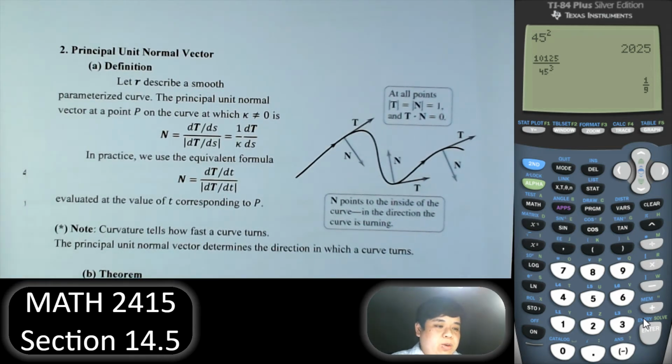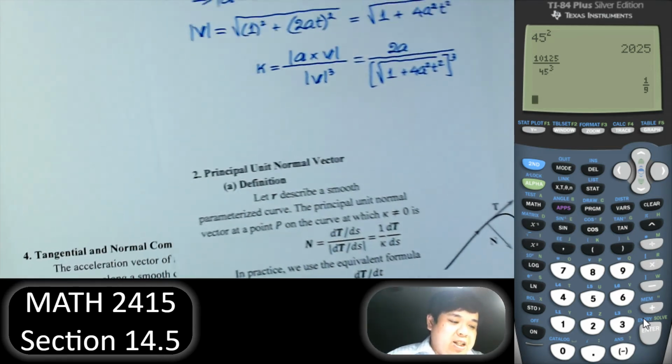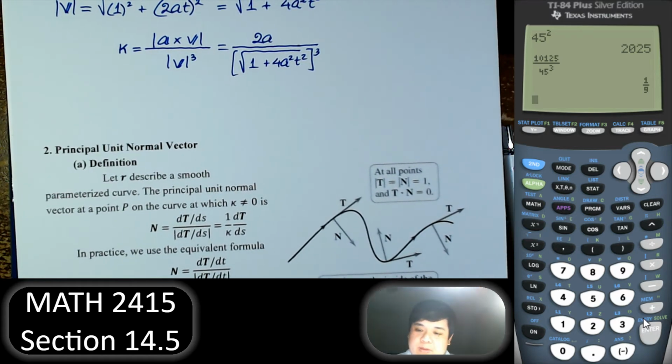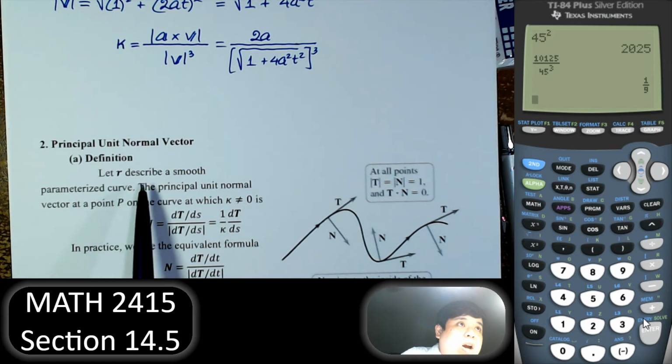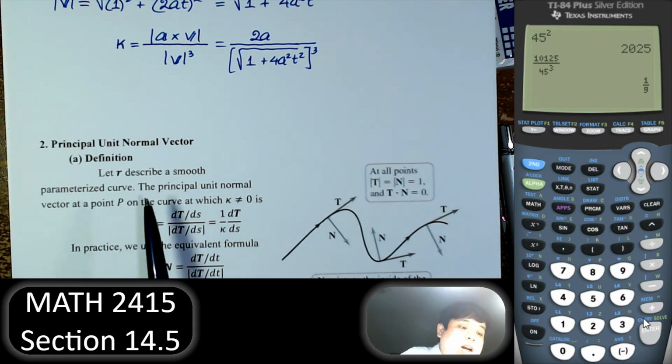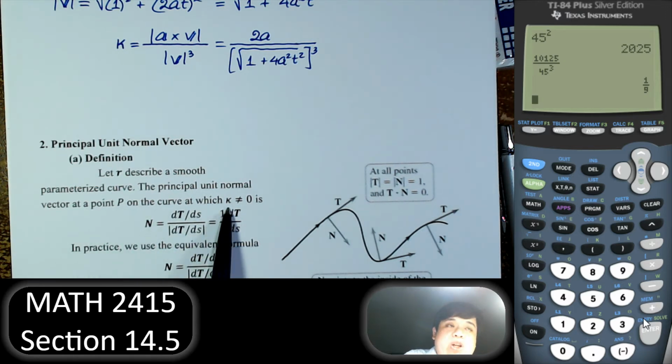Now we'll go back to this note, the principal unit normal vector. So let R describe a smooth parameterized curve. So I have a curve. Have derivative. The principal unit normal vector at the point P on the curve at which the curvature is not equal to 0 is equal to this.